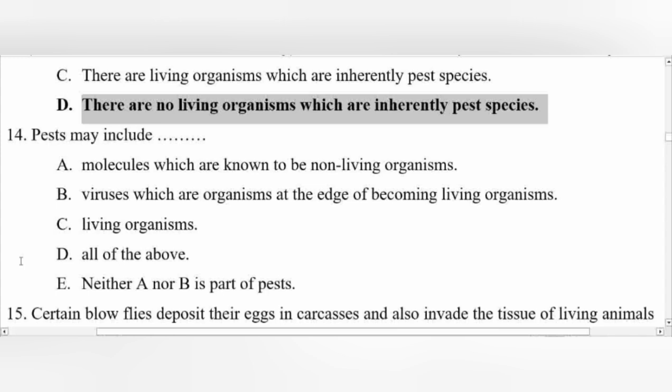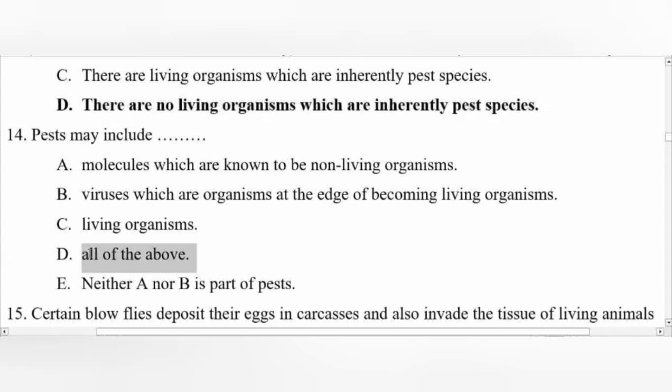So it means that all of the above should be our best option. Why? Because option E, which is neither A nor B, is not true. So pests may not necessarily be living organisms.